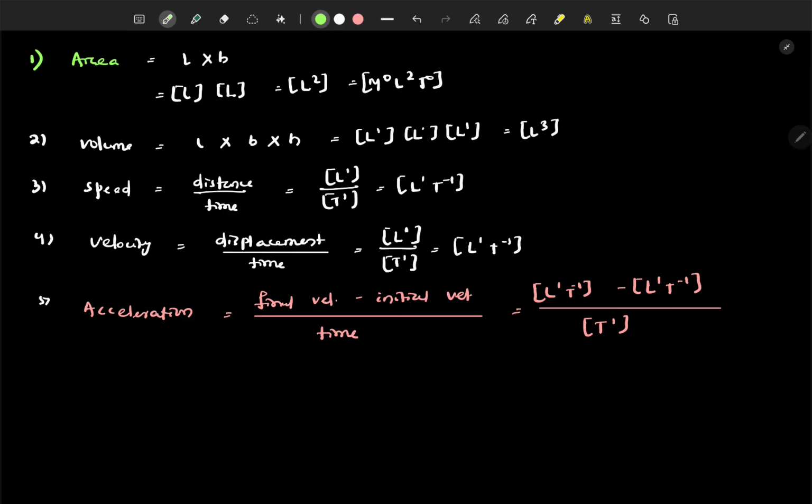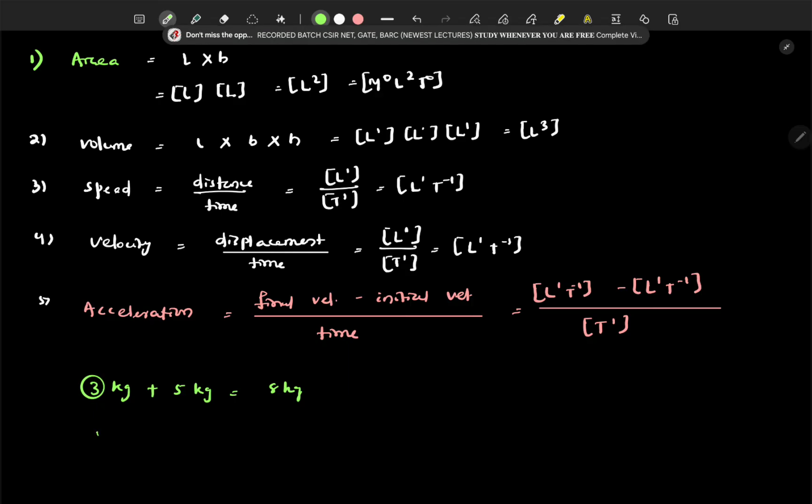अच्छा, सेम डायमेंशन सब्सट्रैक्ट करने से क्या होगा? देखो, suppose let us take an example, 3 kg plus 5 kg equals 8 kg. For example, 3 is a number with no dimension.